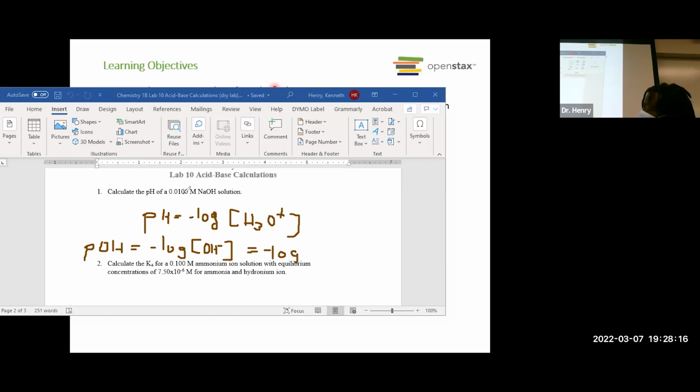And since we know that it's molarity, we're talking about the molarity, then it's going to be a 1-to-1 ratio. So 1 mole of this to the amount of, okay? So then I could say that's going to equal minus log of 0.0100 molar. So then this is going to be 2.